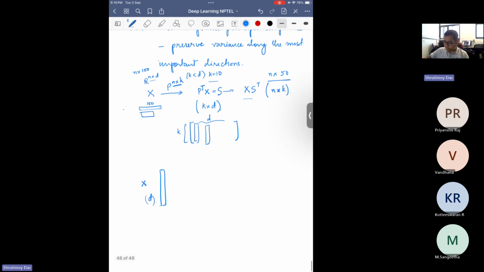So now your goal is to multiply. To make things simple, let us say that P is a K by N matrix, or rather, yeah, that's a mistake. Wait.